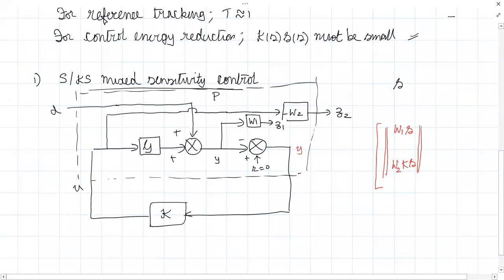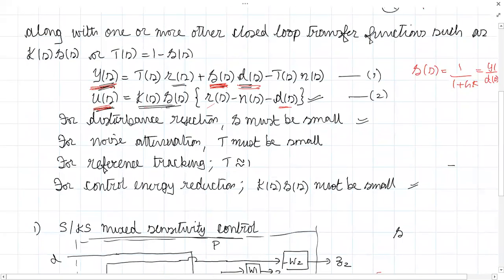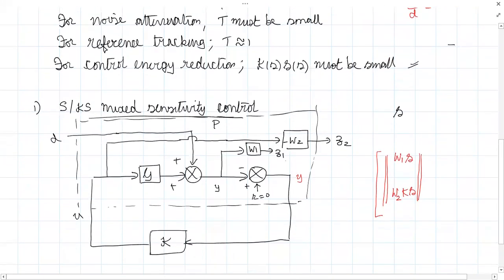That is what I have written here. So how did we get minus W2 here? Because what is U by D? It is nothing but minus K into S. So actually speaking, this term must be minus K into S. That negative sign is taken along with the weight W2 here.